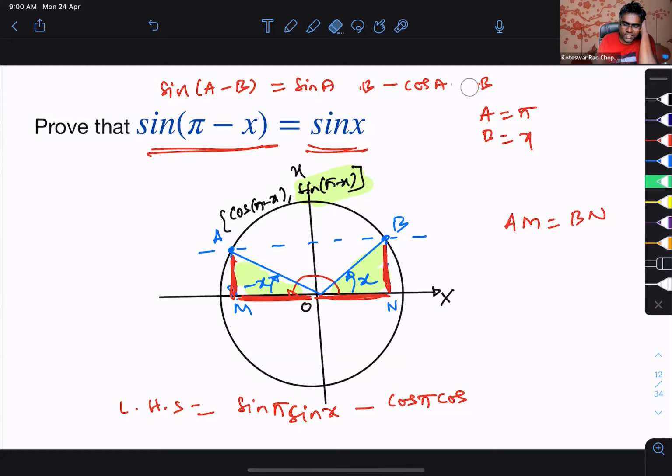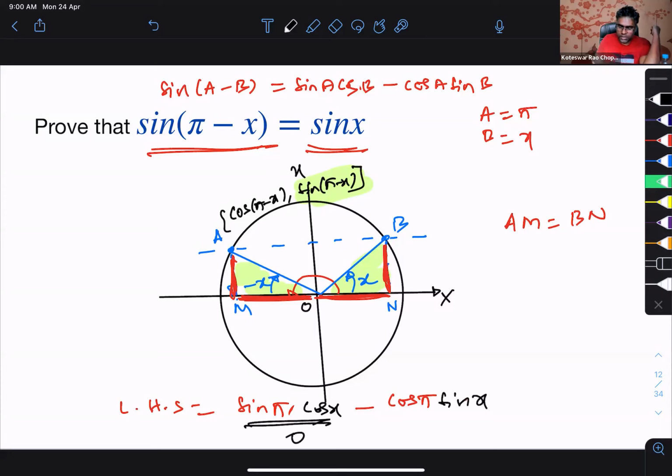This is sine B. So I need to correct it here: this will be cos x, and this will be sine x. Then sine pi is 0, and cos pi we know is minus 1. So minus and then minus will become plus, and you will end up having sine x.